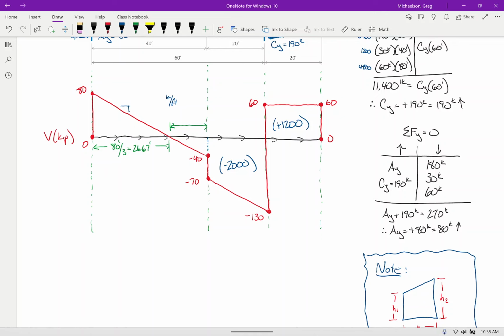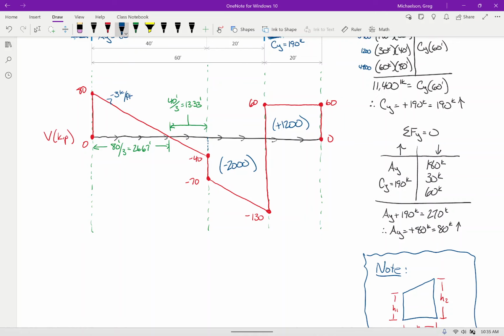Here, I'm going to move that. I'll label that somewhere else. And that's going to be 40 over 3, right?